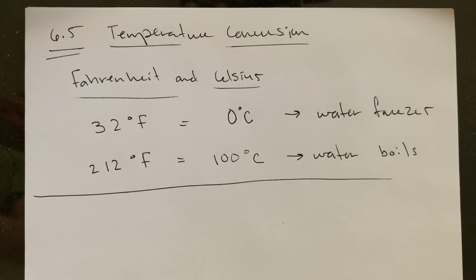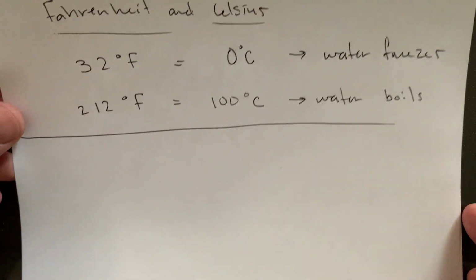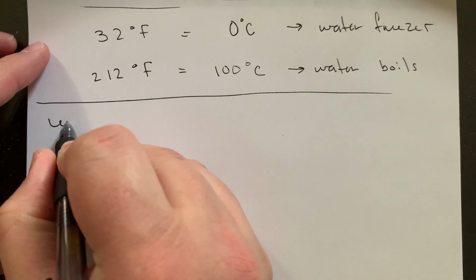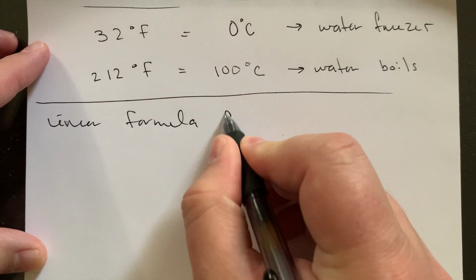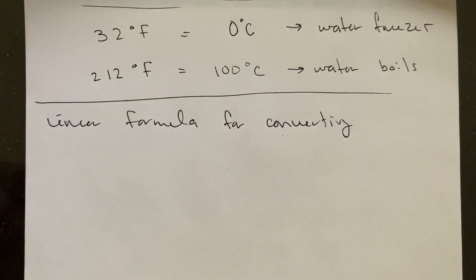In any event, what this means as far as doing these conversions is we're going to have not just a rate, we're going to have something you would think of as a linear formula for converting.